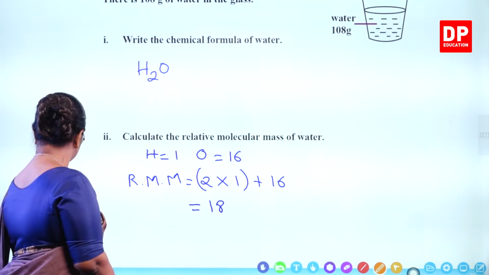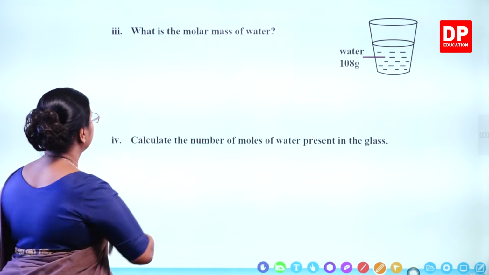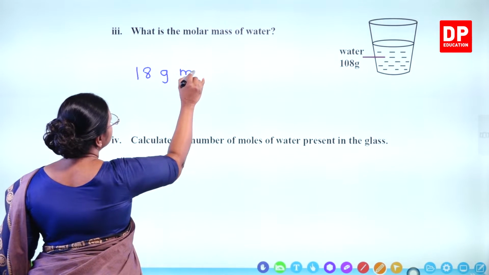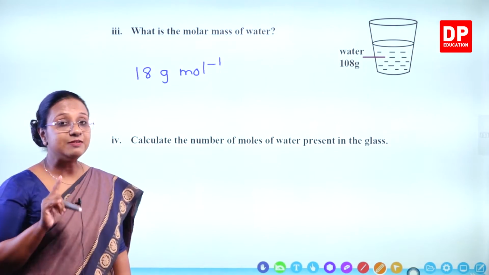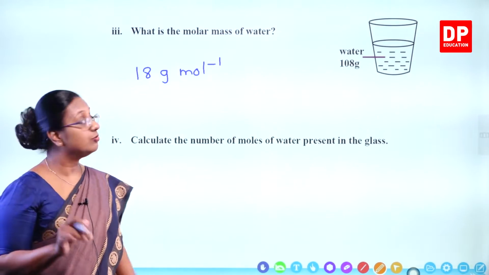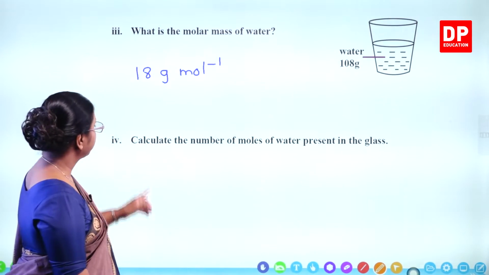So then the next one. What is the molar mass of water? Do you need to calculate it again? No need. You just need to write it 18 grams per mole. You have to give the unit. That's the difference. Relative molecular mass with the unit grams per mole becomes the molar mass.